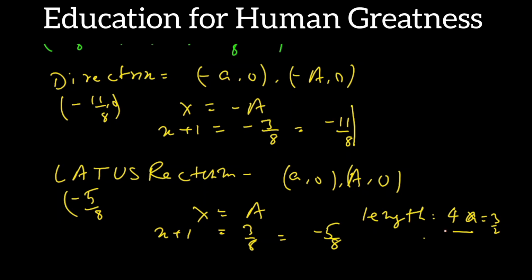Why? Because the value of a is 3/8, like this. 4 into 3/8, after multiplying you will get 3/2, like this.